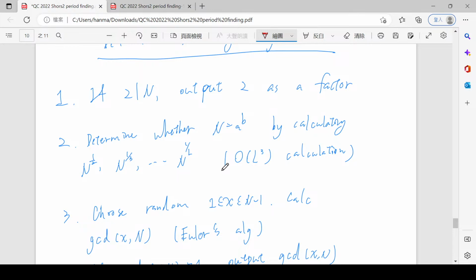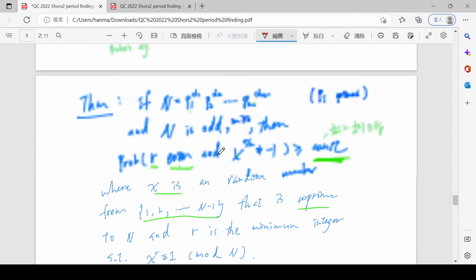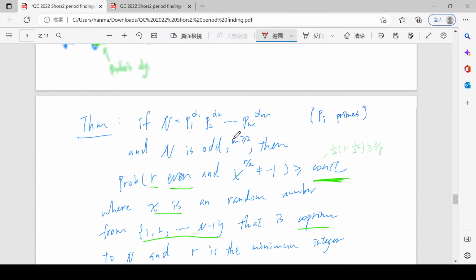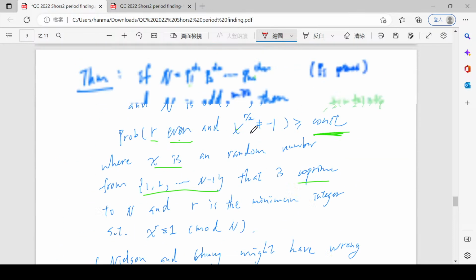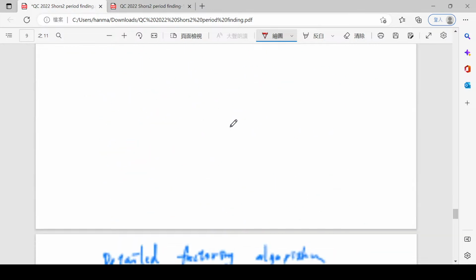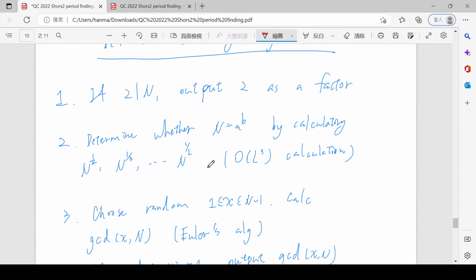Then you check that n is not just some prime to some power, because here you need more than 2 primes.